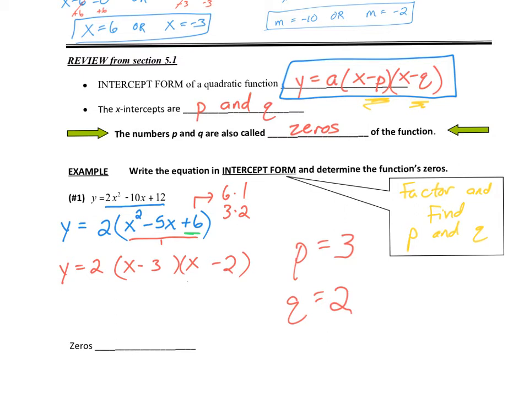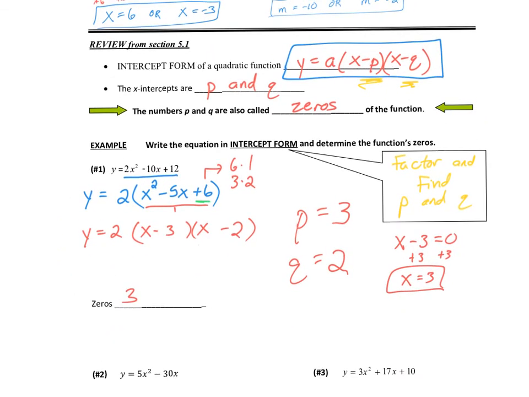And here's why we always said pick the opposite. Because to find your zeros, you would do x minus 3 equals 0, and you would solve. When you solve this, you would add 3 to get x equals 3. So one of your zeros is 3. The other 0 you would do is x minus 2 equals 0, and you would solve. If you add 2, you get x equals 2.